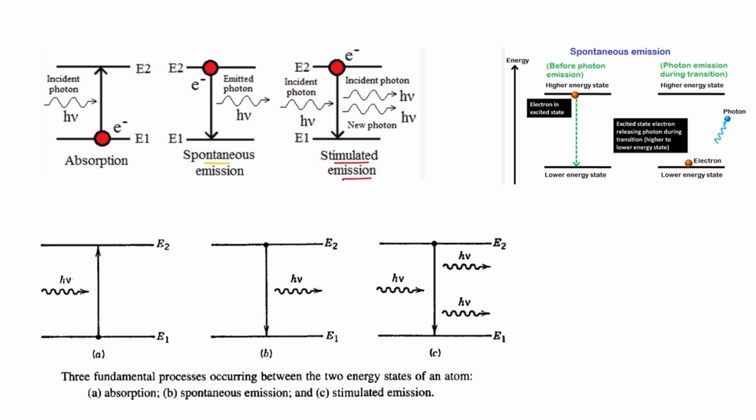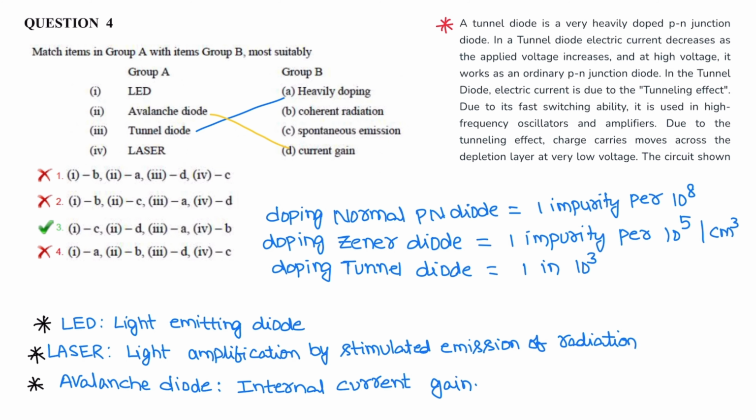These are the graphs showing spontaneous emission, and here B indicates spontaneous emission and C indicates stimulated emission. So LED is spontaneous emission and laser is coherent radiation. So correct answer is option 3: 1C, 2D, 3A, 4B.